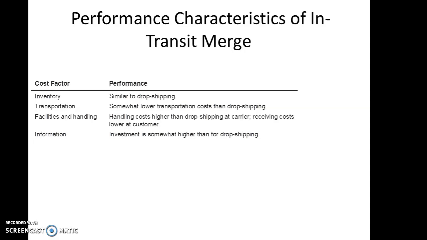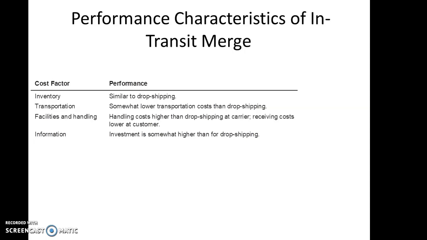The transportation cost is slightly lower than the drop shipping method because we are collecting the products from various factories and allowing the in-transit merge. Rather, all the assembling takes place at the manufacturer side itself, so the transportation cost will be slightly less when compared to the drop shipping method.